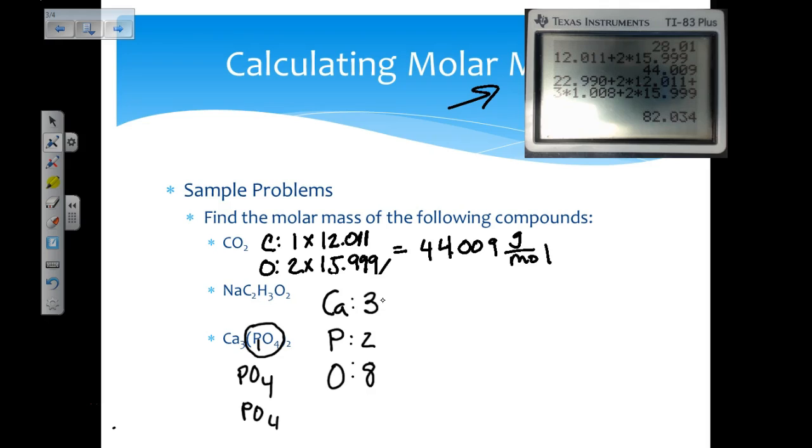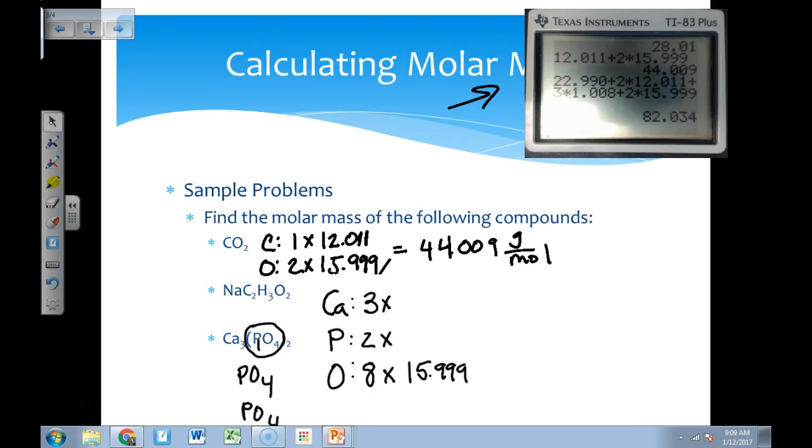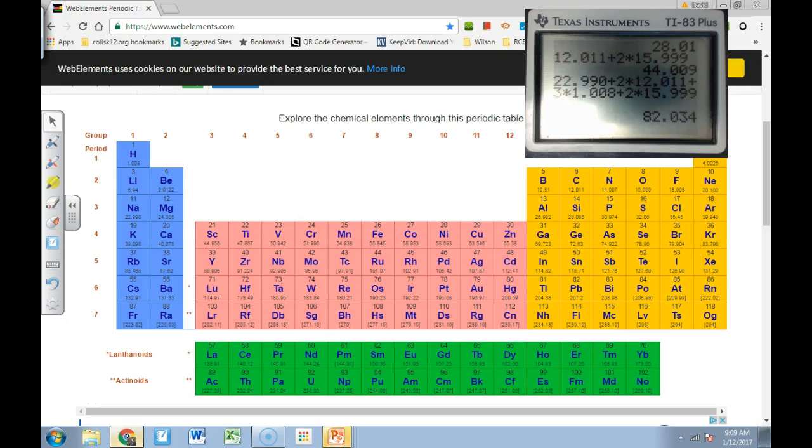Now, calcium, we don't know. Phosphorus, we don't know. We'll look that up on the periodic table. Oxygen, we know, 15.999. So the periodic table, we need calcium and we need phosphorus.